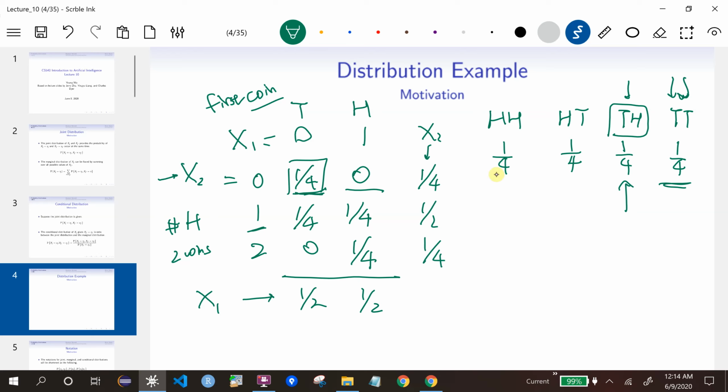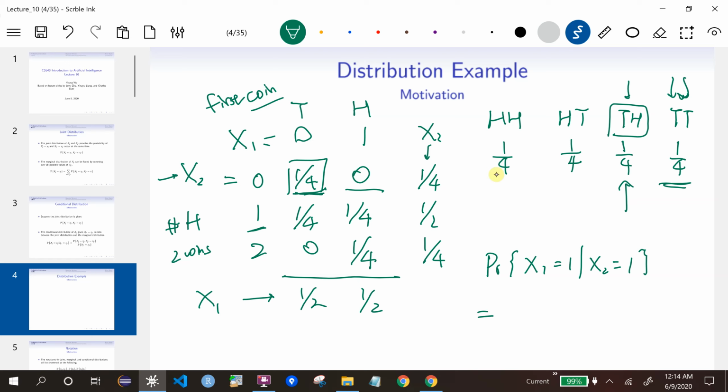And what else do we want? Maybe we want something like the probability that the first one is a head, given that there is only one head. So what should we expect? I guess it's a half, but let's use the definition.